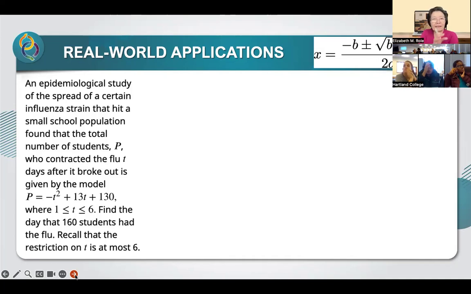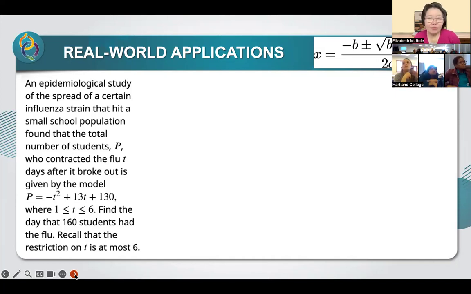They made this model using the data from the first day to the 6th day. That's why T should be just between 1 to 6. They are now asking, find the day that 160 students had the flu.